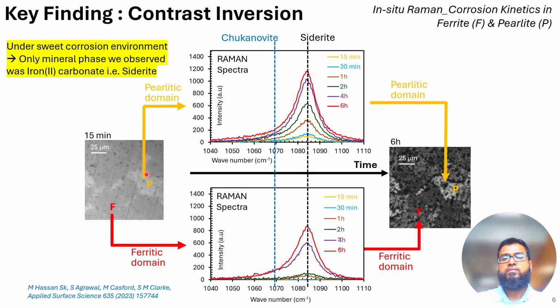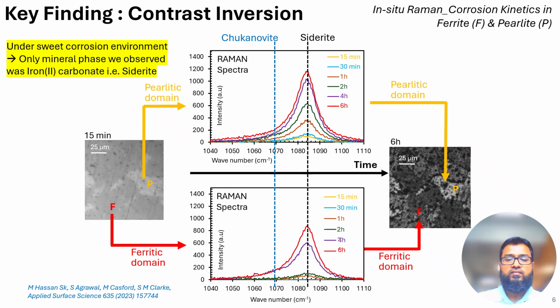We saw the growth kinetics of that siderite product in pearlite and ferrite. We see the growth rate of siderite in pearlite is much faster compared to the ferrite phase.